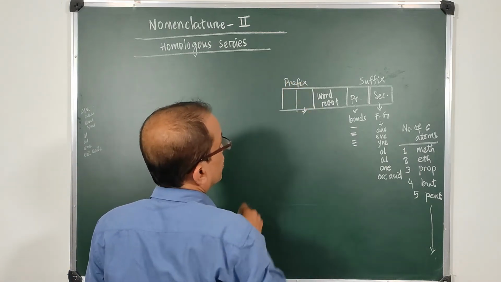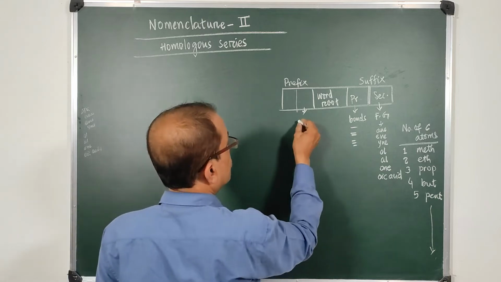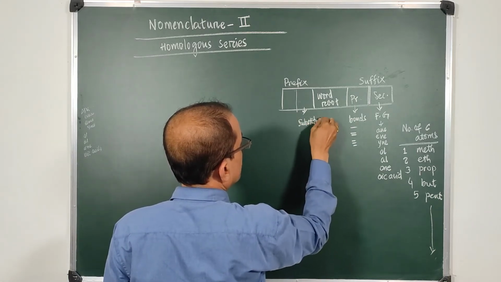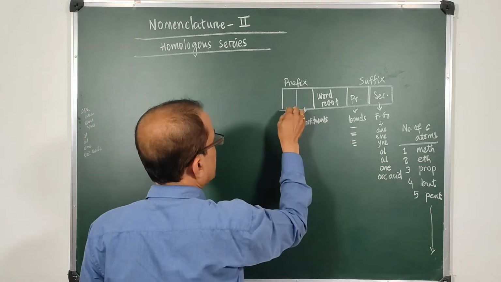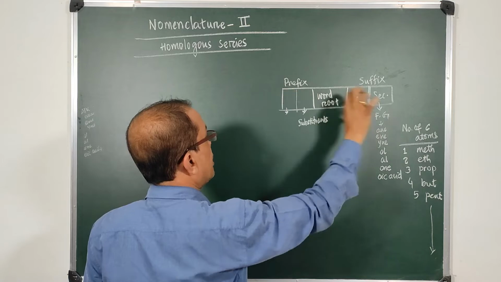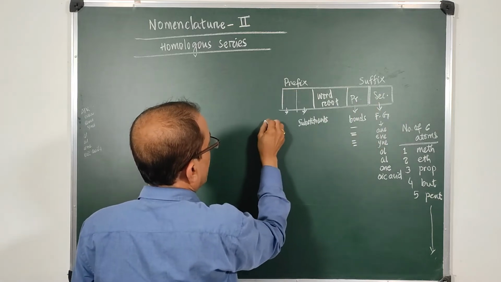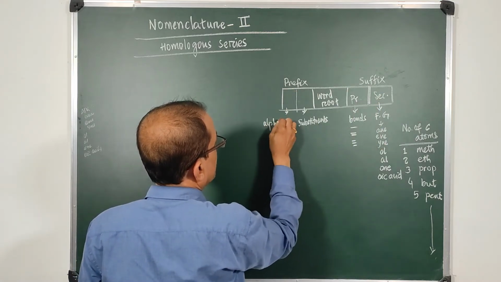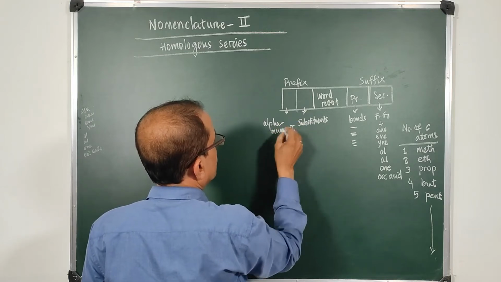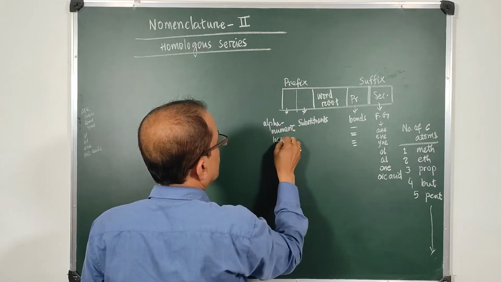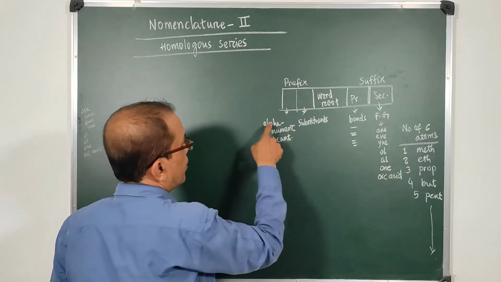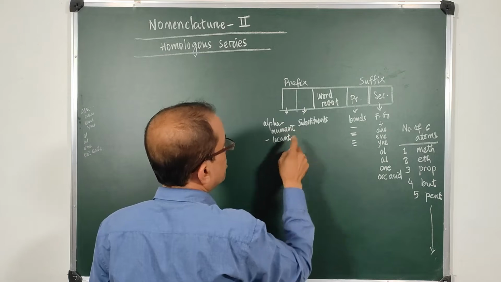The part containing very close to word root will be the substituents, while the initial part, the first of the name, will contain the alphanumeric locants. Because they speak of the position, location. So alpha means alphabetic, numeric means numerical.